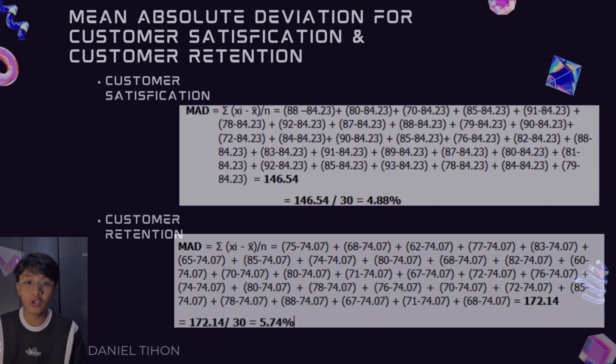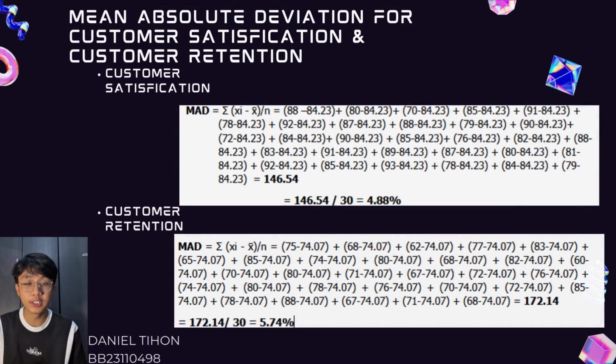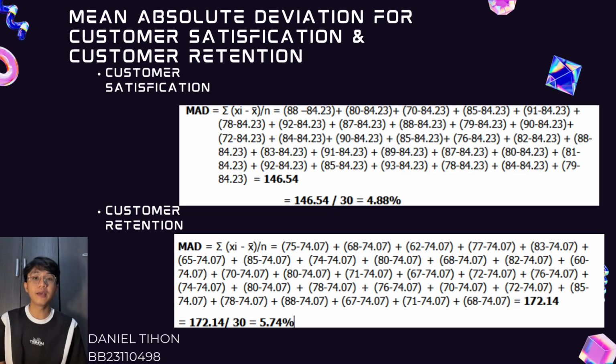Next, let me move on to the mean absolute deviation, which is MAD. To calculate MAD, take the sum of the absolute value of each data point minus the mean, divided by the number of data points. Using this formula, the MAD for customer satisfaction rate is 4.88%, whereas for retention rate it was 5.74%.